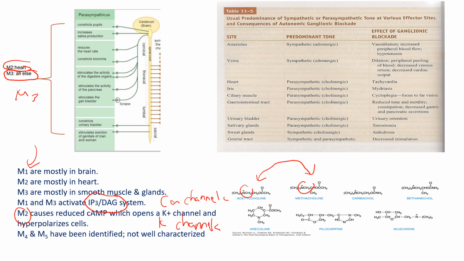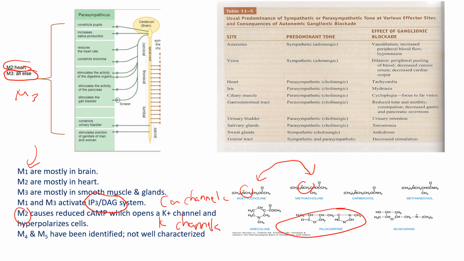However, something like pilocarpine would cross more easily because there's not a charged nitrogen. You'll probably be asked a question of that nature, but you'll also probably be given structures. So I wouldn't really memorize these specific ions that have and don't have charges.